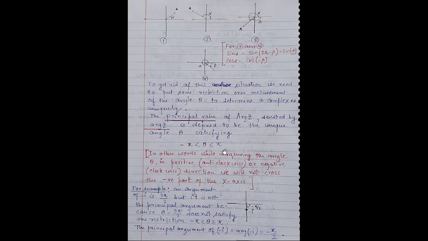Whatever angle you are measuring, we will consider only the angle that lies within this range, minus pi to plus pi. That will be called the principal value.